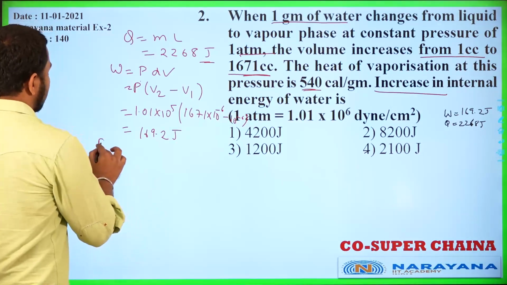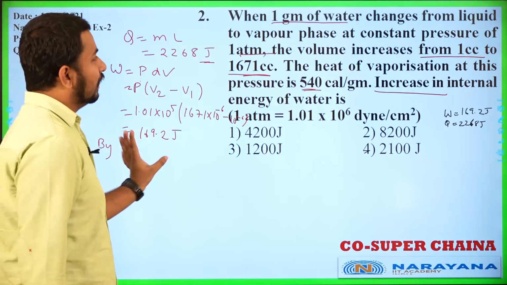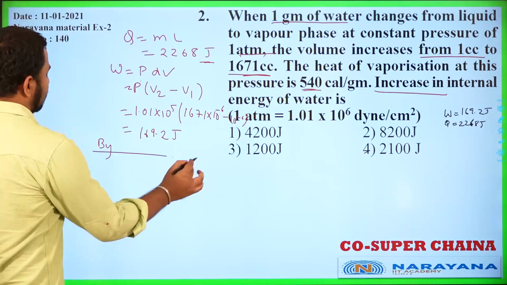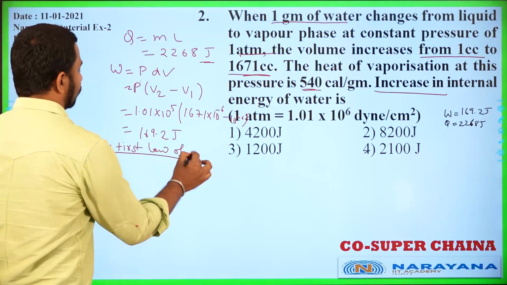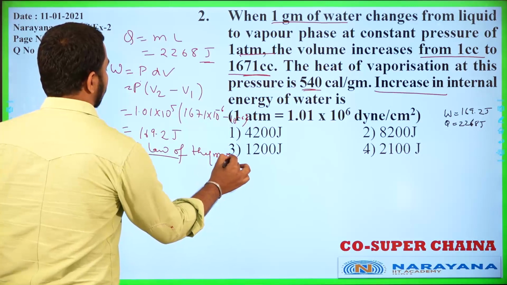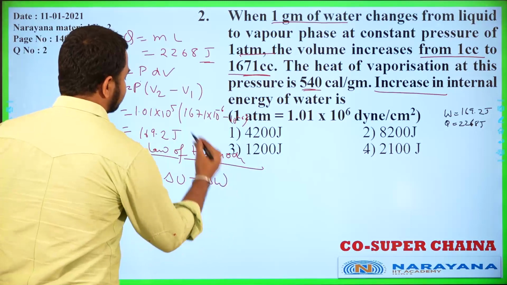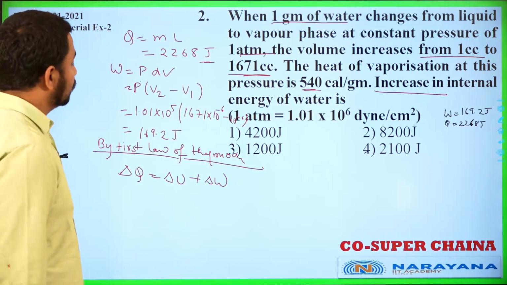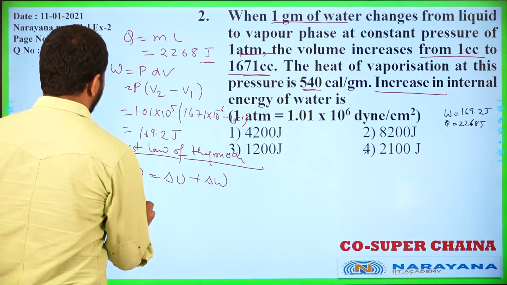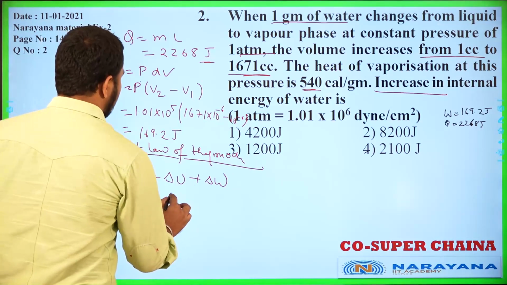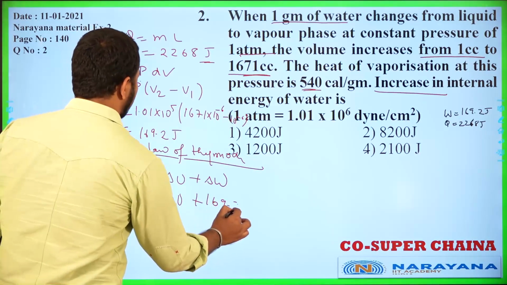Now if you apply the first law of thermodynamics, because the system is isolated and no external agency is acting, we can apply the first law of thermodynamics. We can say delta Q will be equals to delta U plus delta W. Just substitute the values here, student. 2268 is equals to delta U plus 169.2 joule.